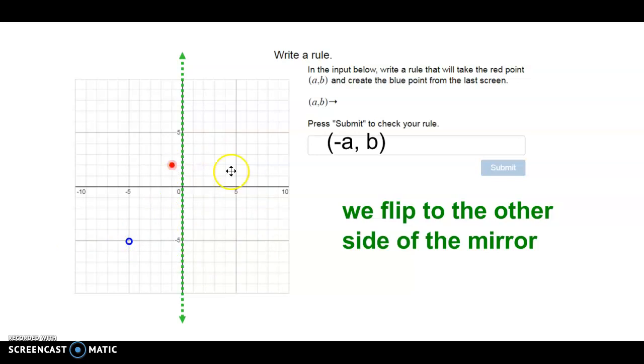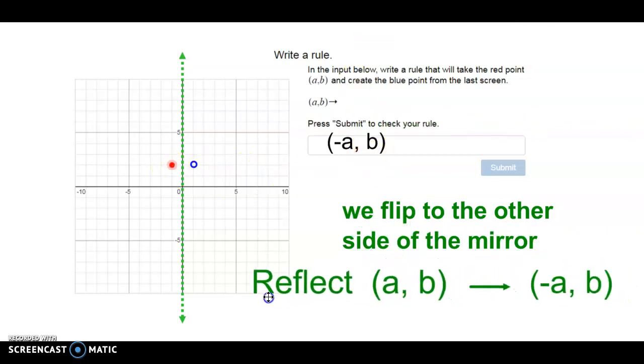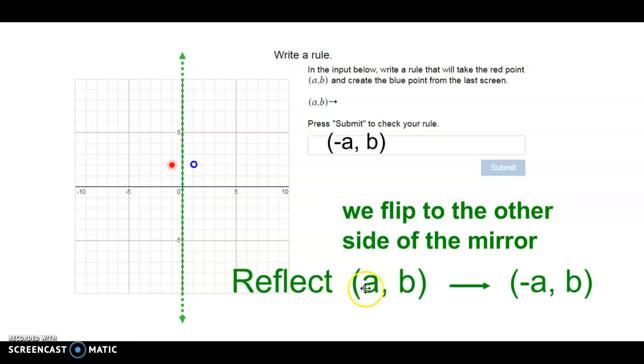If this is -1, then a -1 becomes a +1, and I'm over here, and your y coordinate doesn't change. So we would write the full rule like this: reflect point (a, b), and it will become (-a, b), and that's how we reflect across the y-axis. All right, try this on your own, see how you do.